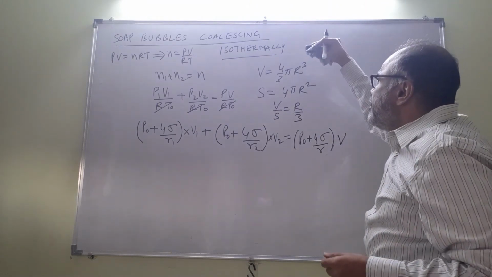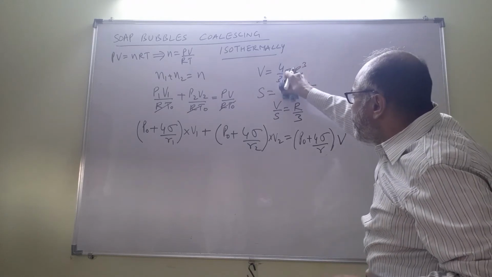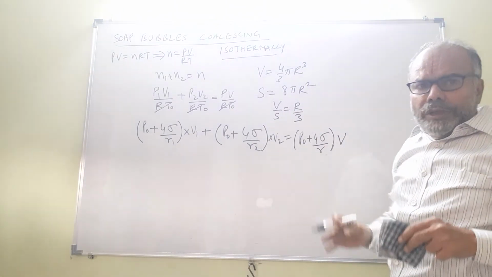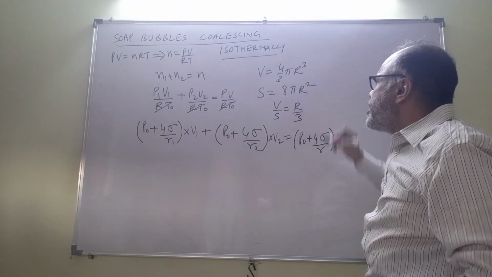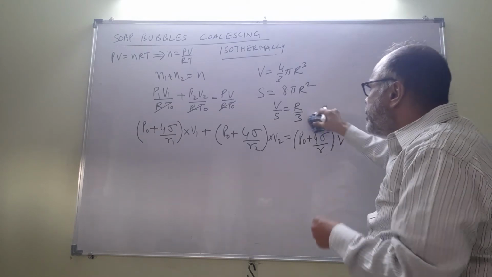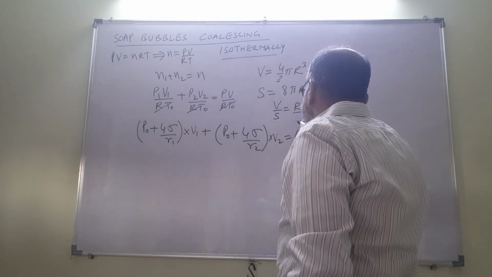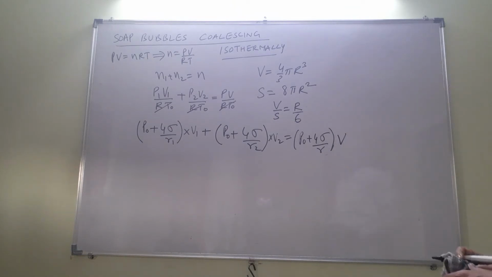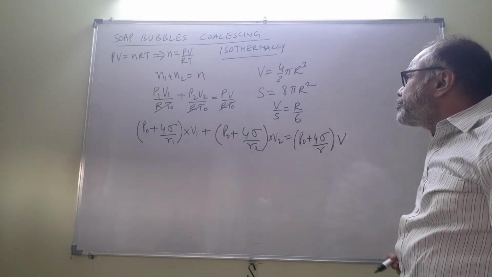Instead of 4 pi r squared, I'll put 8 pi r squared, because the surface area that we are going to consider is outside as well as inside. Now if you do the division, you will get r by 6. So I can say the volume divided by the surface area is r by 6.